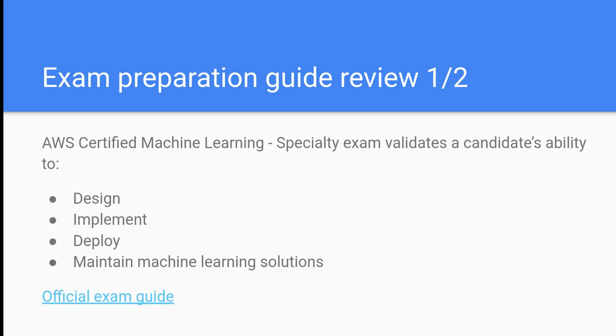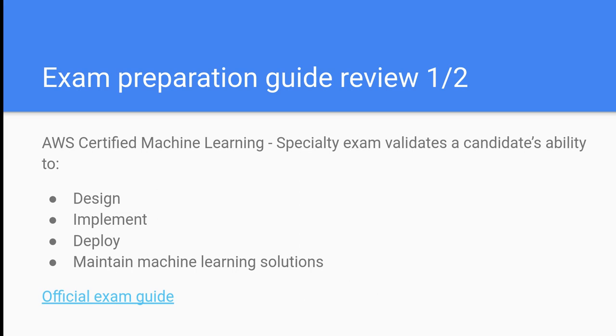So for any of the AWS certifications, the first place to look at to get a first hand understanding about the exam and the different domains and what resources to read, how to prepare, to give you high level information, is the official exam guide.